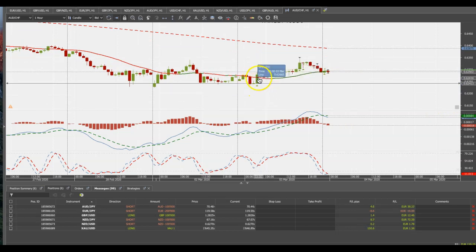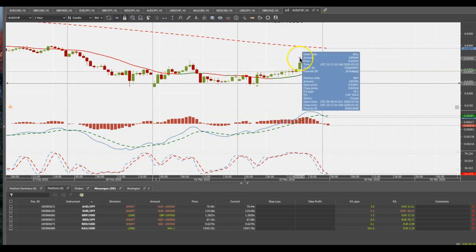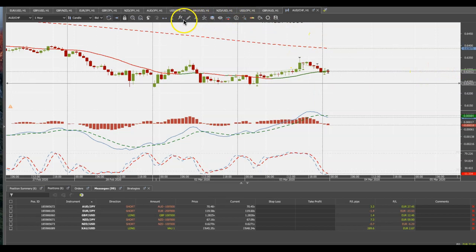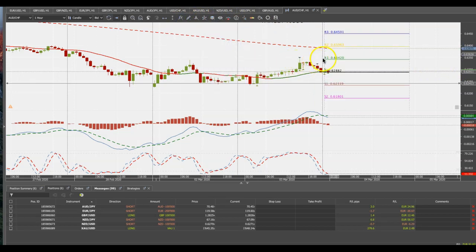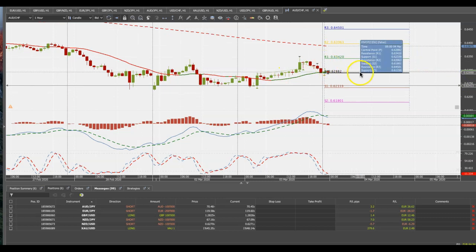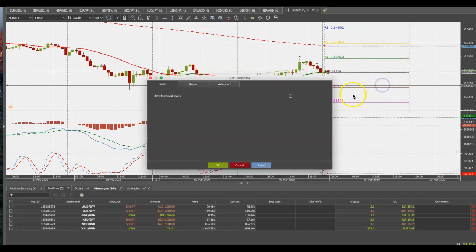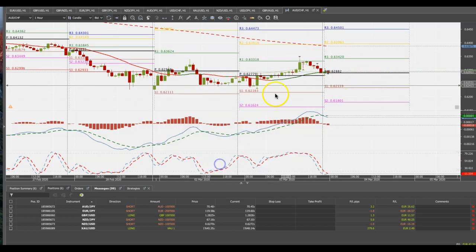Okay, we had a nice bullish engulfing candle in Aussie Swiss. The signal went out and has not hit its target, but it put in quite a bit of, here's the target, 63 area up here, and this is the retracement. And if I put up the pivot points from yesterday, notice there it was.